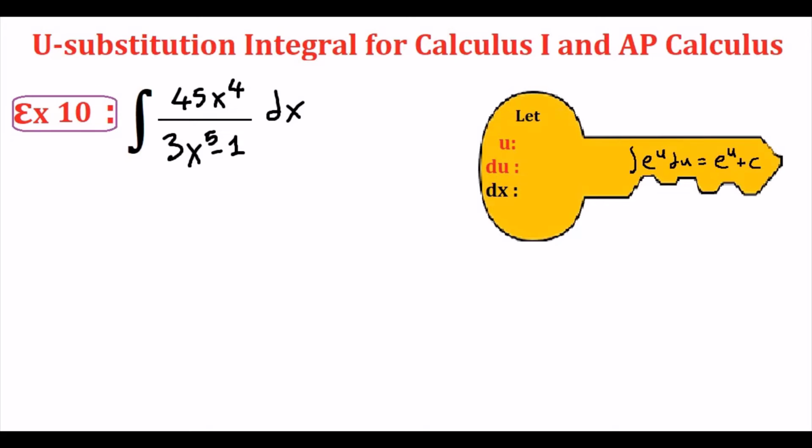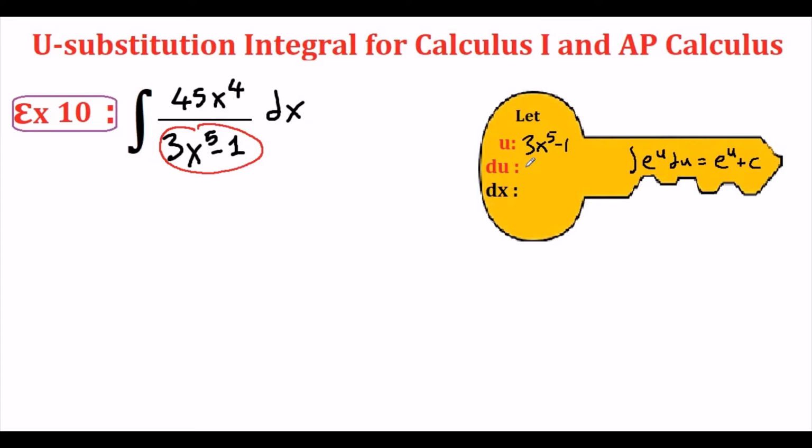Example 10. We have the integral of 45x to the 4 over 3x to the 5 minus 1. If you observe the integrand, 3x to the 5 minus 1 will be our u, because the derivative of x to the 5 can cancel out x to the 4. So let u be 3x to the 5 minus 1.